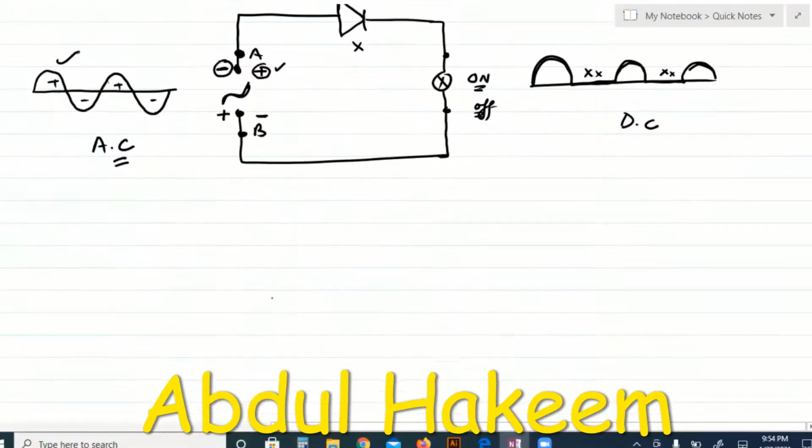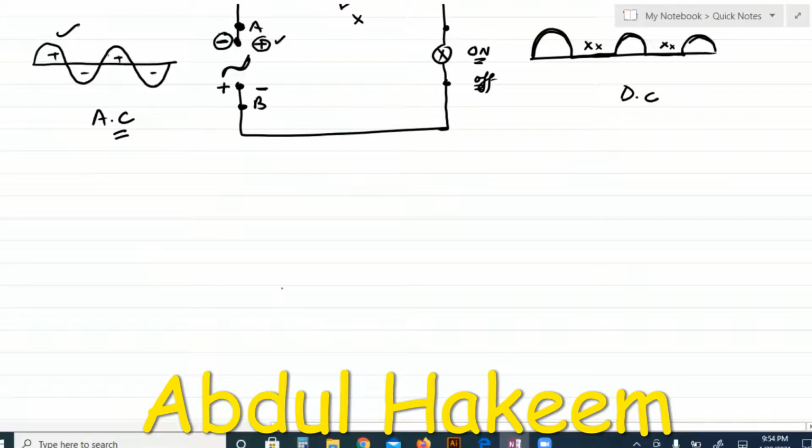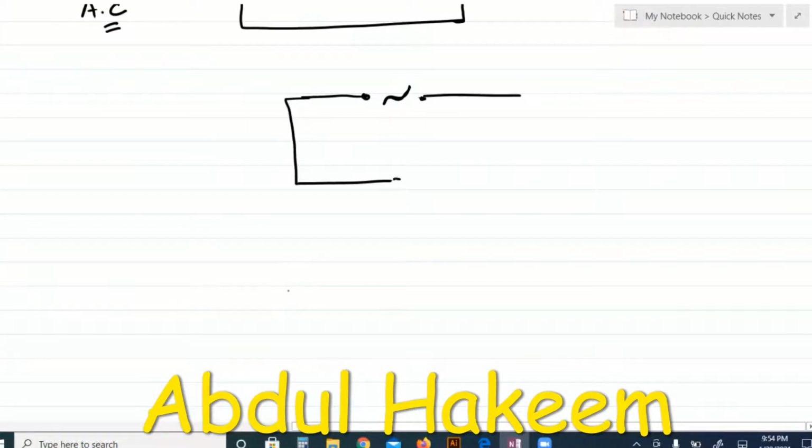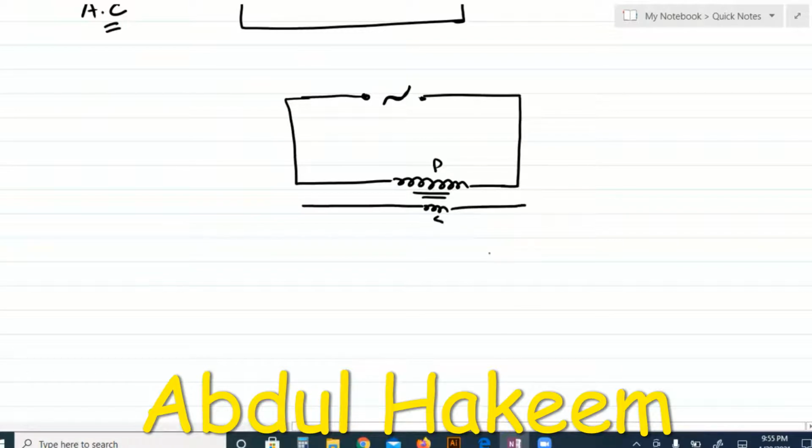But in A level, we have to study full wave rectification. For example, this is an alternating power supply. First, we will connect it with a step down transformer. This is the primary coil, and then this is the secondary coil.